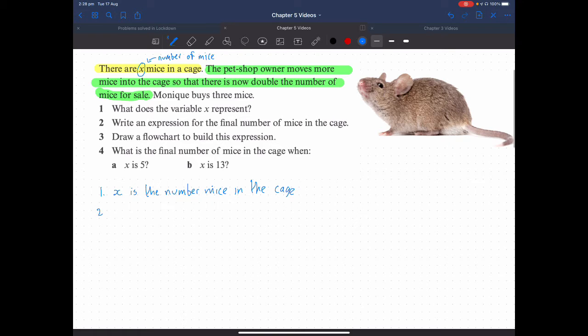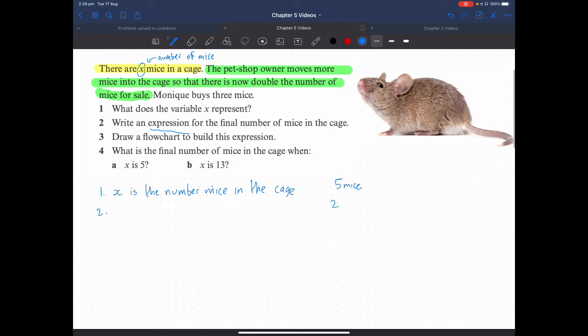Number 2 says to us, write an expression for the final number of mice in the cage. Okay, so let's go and work this out with numbers first. If there were 5 mice to start off with, then the pet shop owner doubled the number of mice.